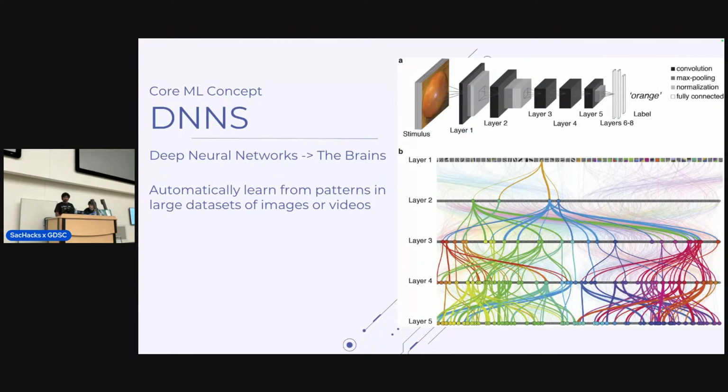One of the core ML concepts that MediaPipe is using that I'm not going to go super into is deep neural networks. These networks learn to spot joints and landmarks through examples. Basically you give it a million pictures and you mark each point of the joints so that it recognizes that these are the joints it needs to look at.